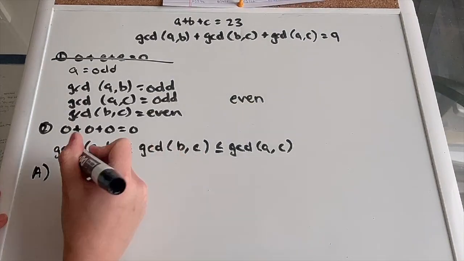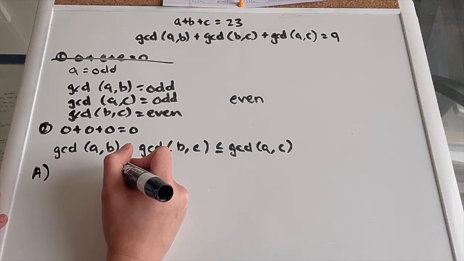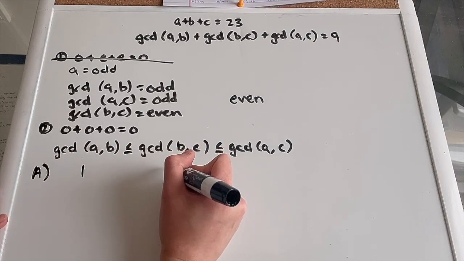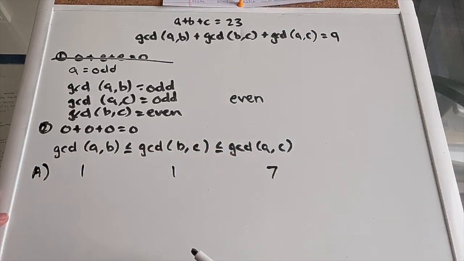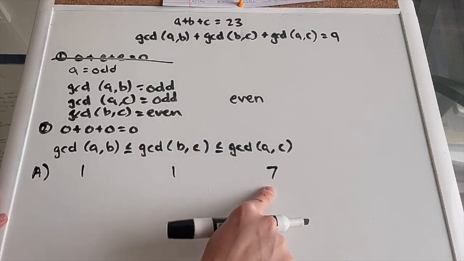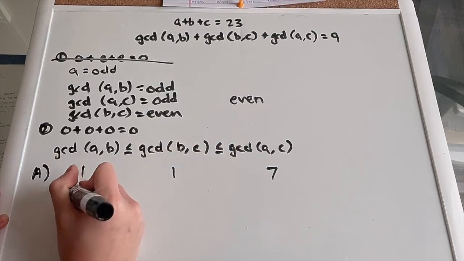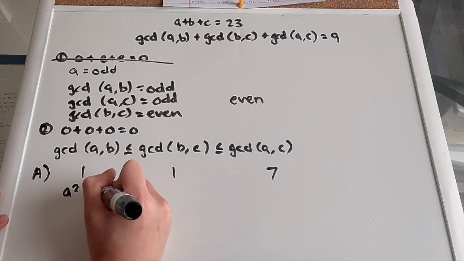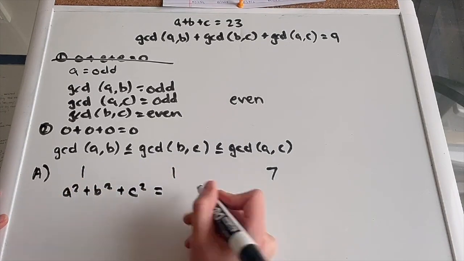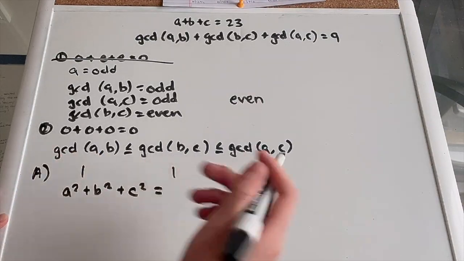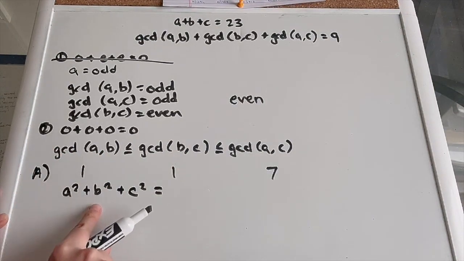The first: the greatest common divisor of A and B is equal to 1, and the next is 1, and this is 7, because they can be smaller than or equal to. 1 plus 1 plus 7 is equal to 9, and we have to find A squared plus B squared plus C squared.